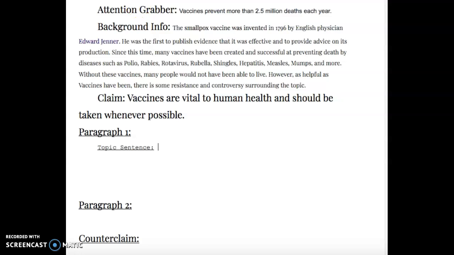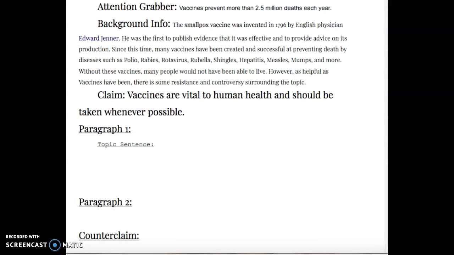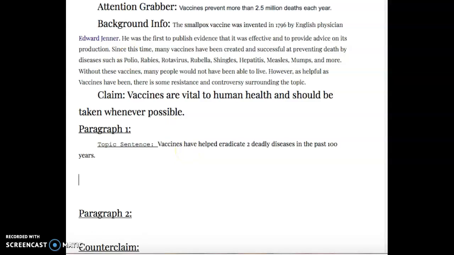So, for example, my topic sentence for this particular paragraph might be something like, vaccines have helped eradicate 2 deadly diseases in the past 100 years.